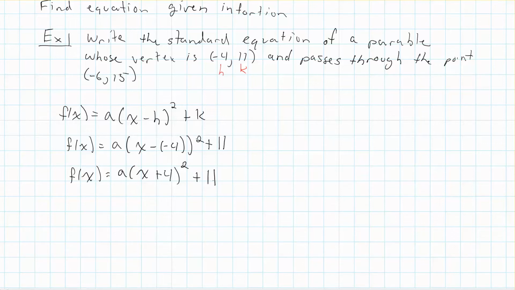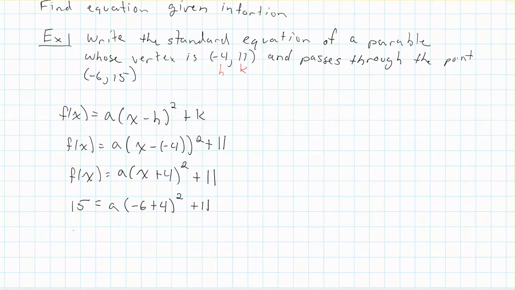Alright, so I'm almost done it looks like. There's not a lot left to do, but I do have to figure out what the value of a is. How do I figure out the value of a? Well, I take the point that I already have and substitute it in and figure out what a is. I know it goes through negative 6, 15, so my y value is 15, and this is equal to a times negative 6 plus 4 quantity squared plus 11.